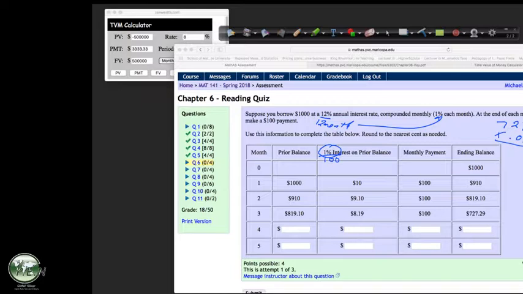The cool thing is you just need to move the decimal over 2 places, but I just want to show you that. This is the amount we owe. We multiply by 0.01, which is 1%. And notice that'll be $7.27 of interest. So we can enter our things in here.